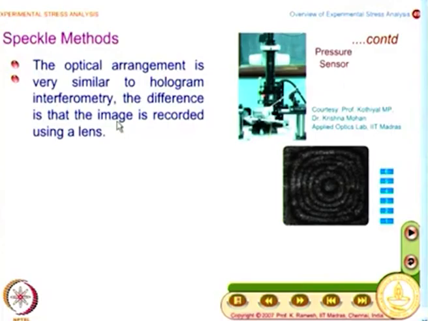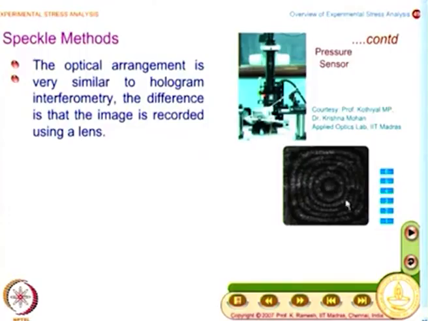So, the difference here is the image is recorded using a lens. And the example what I have taken here is from a MEMS application, because we had seen whether it is holography or speckle interferometry, they are ideally suited for small scale object measurements.